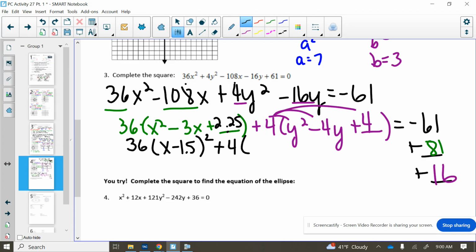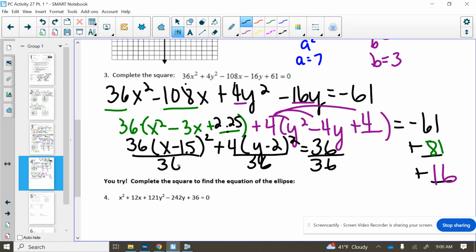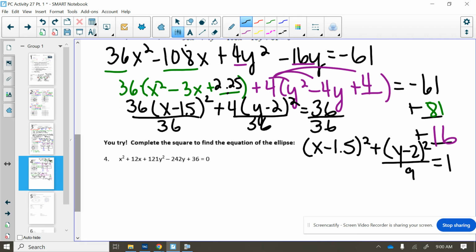And then on this side, we'd have the y minus 2. -61 plus 81 plus 16 is 36. And then last but not least, when we divide over that 36, okay, notice these cancel out. So you could either write 1, or you can just leave it as x minus 1.5 quantity squared. 4 over 36 reduces to be 1 over 9, and then that will just equal 1.